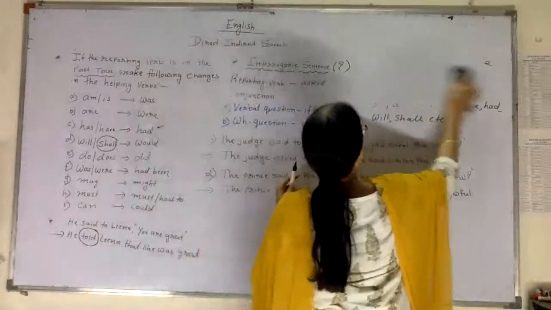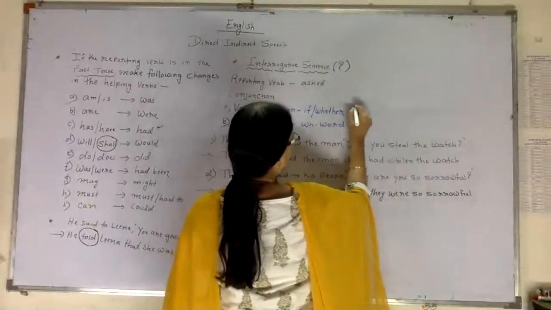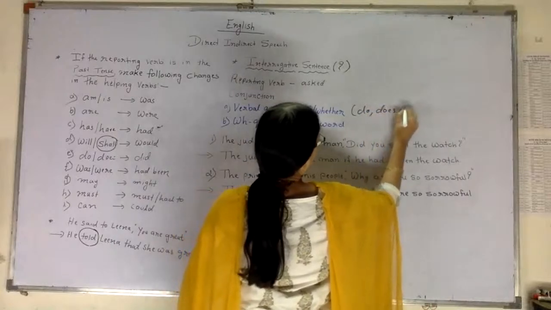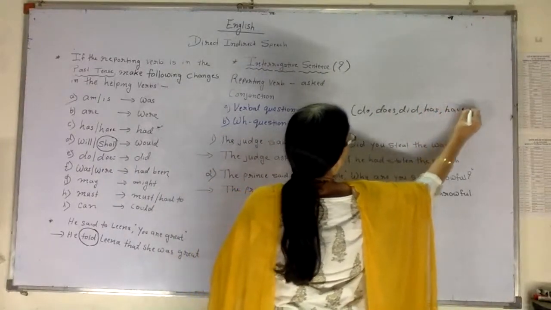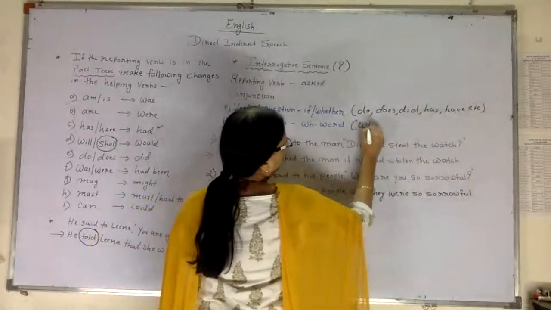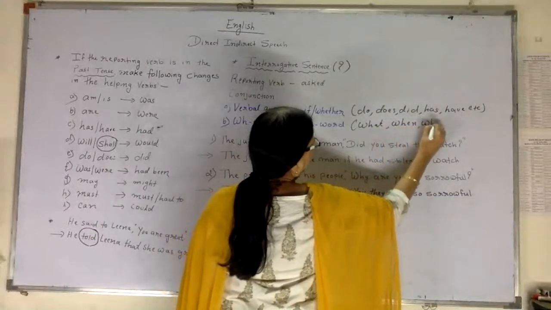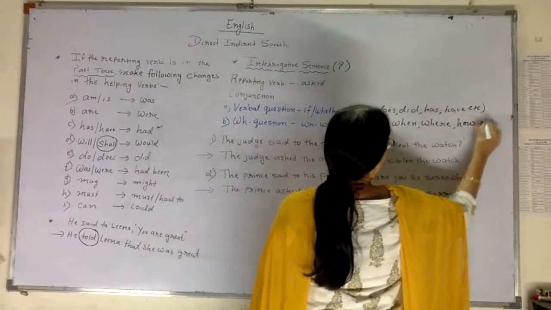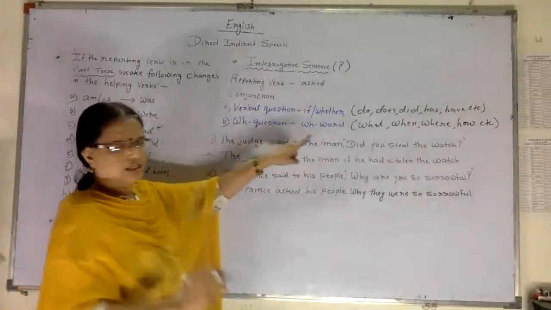I'll just give here in the bracket a few examples. See here, verbal questions begin with do, does, did, has, had, etc. And here WH questions begin with what, when, where, which, how, etc. Verbal questions are answered as yes or no. They are also known as yes/no questions.